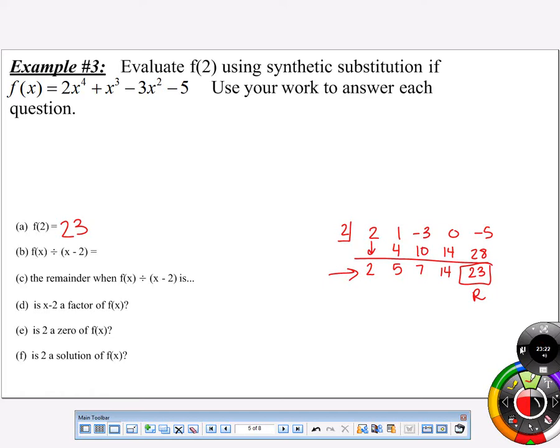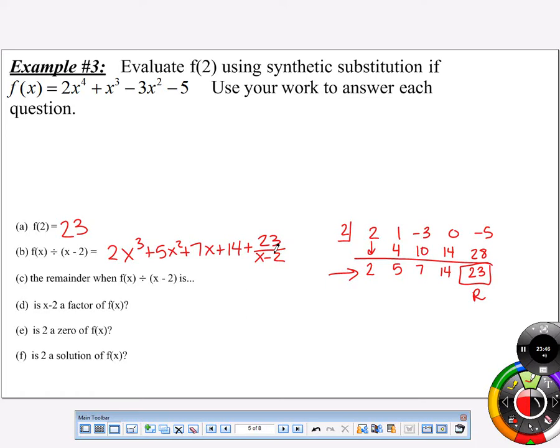Can somebody raise their hand and tell me what is f of x divided by x minus 2? Damien. 2x cubed plus 5x squared plus 7x plus 14, remainder 23 over x minus 2. Perfect. Okay? Same work. Didn't have to do any new work, but this is the answer to the division problem, right?